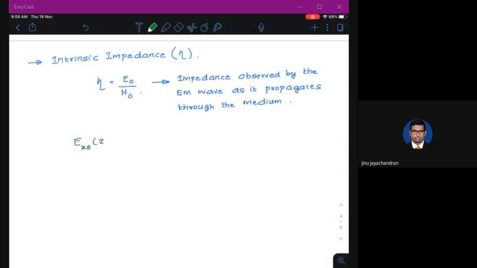EXS of Z is equal to E0 e raised to minus gamma Z, and this is along the direction of AX cap. And HYS of Z is H0 e raised to minus gamma Z, which is along Y direction.